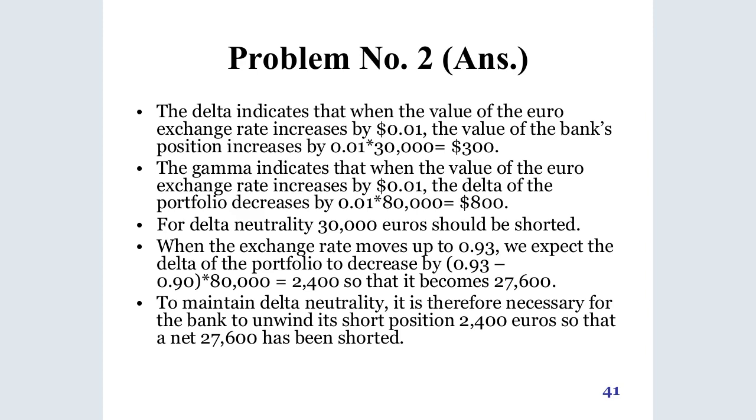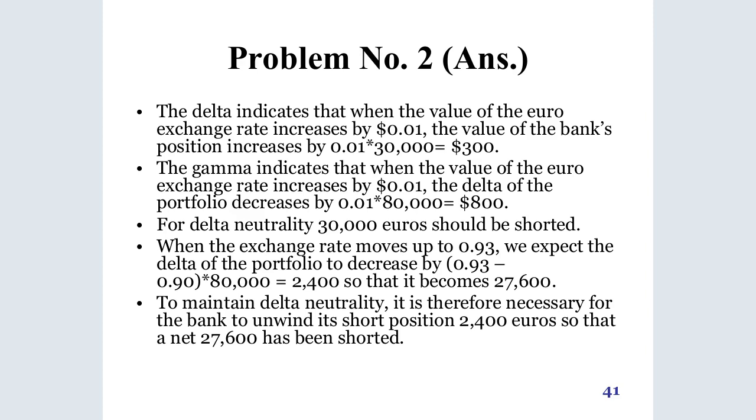Now, when the exchange rate moves up to 0.93, you expect the delta to decrease. How much? 0.93 minus 0.9, so 3 cents. 0.03 into 80,000 delta decrease, which is 2,400. Originally the delta was 30,000.